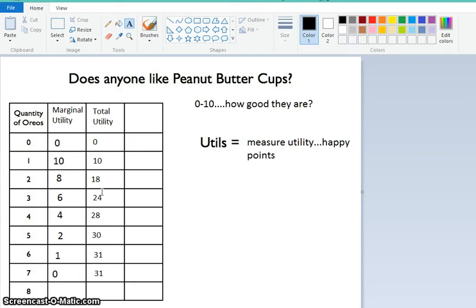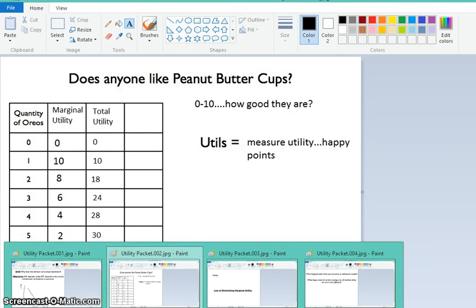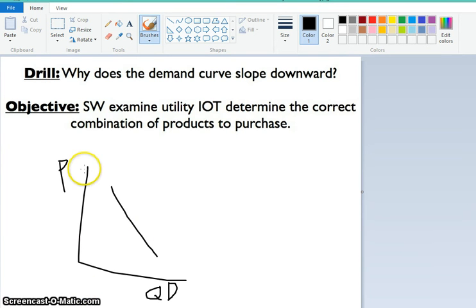Now, I want you to look at the relationship between the quantity here and the marginal utility. You should notice something. As the quantity increases, what happens to your marginal utility? It decreases. Now, think about any product.